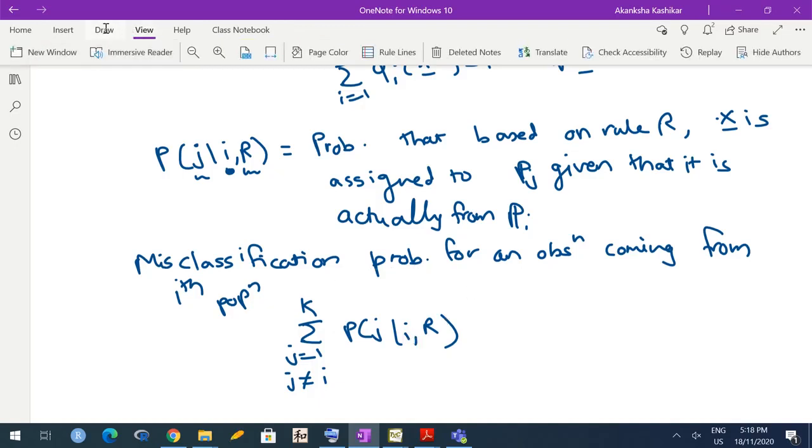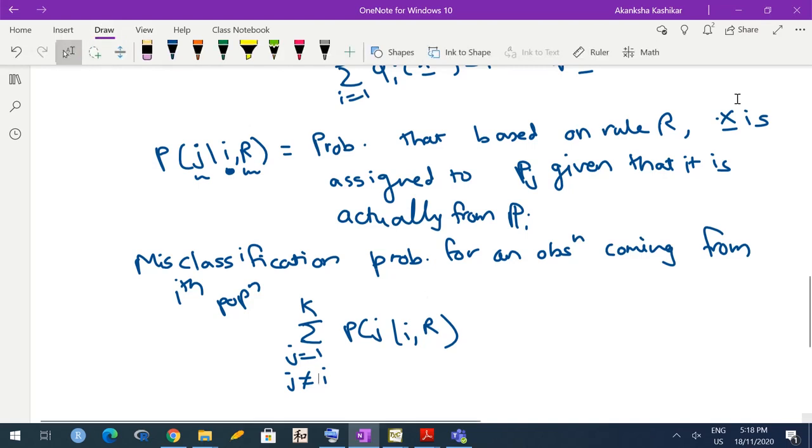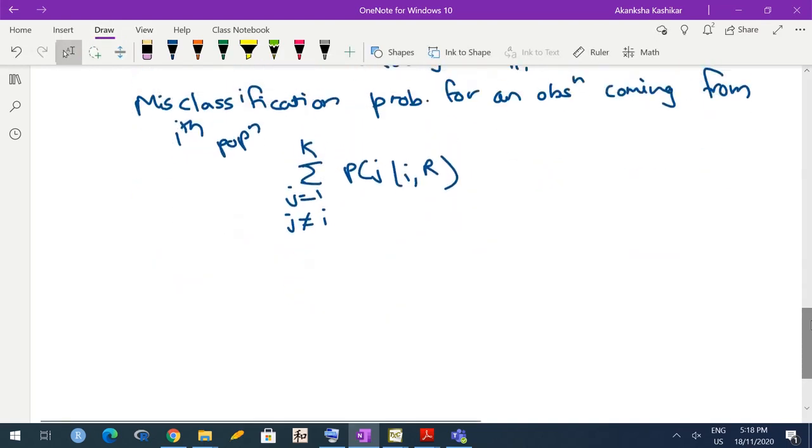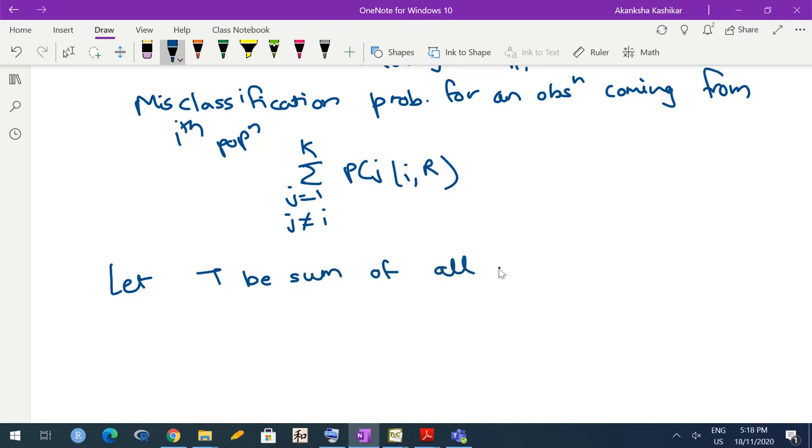And if I now want the sum of all such misclassification probabilities, so this is for an observation coming from the ith population, then to generalize it to all the populations, let T be the sum of all misclassification probabilities.